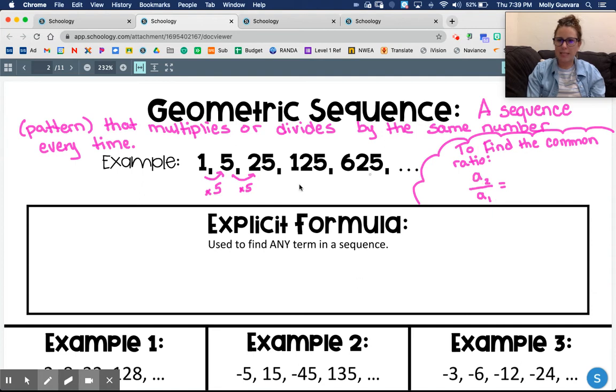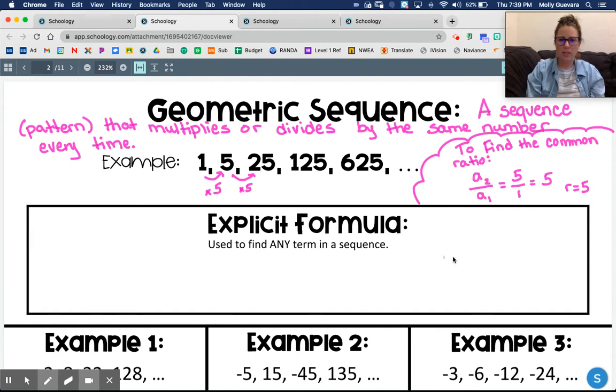In this case, my second term is 5 and my first term is 1, so I get 5. That tells me that r equals 5. The common ratio is 5. We don't use d in these equations because that's common difference, for adding and subtracting. For multiplying and dividing, we use ratio instead.